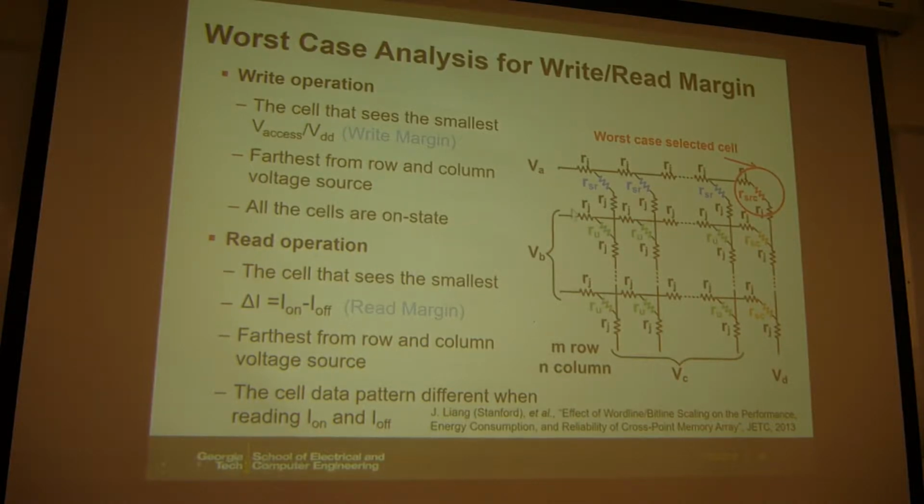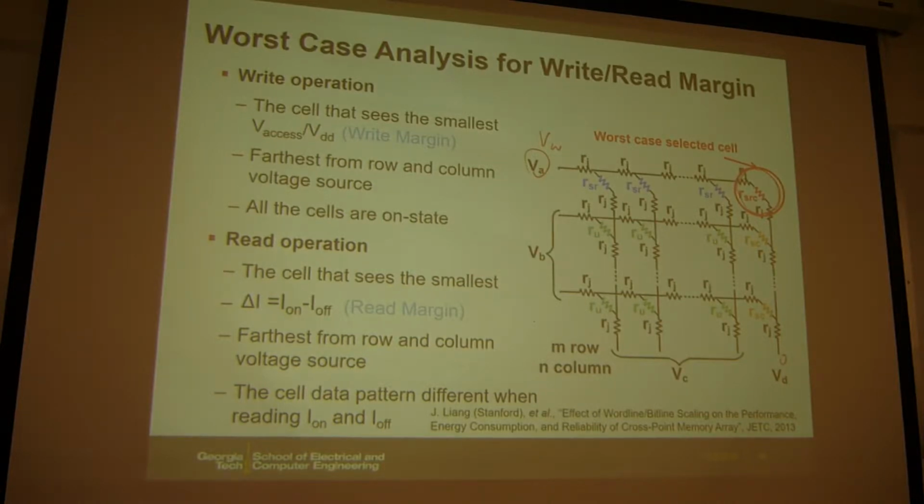If you think about the V/2 write scheme, you apply some write voltage to the row and you ground the column. This write voltage needs to be delivered to the selected cell.